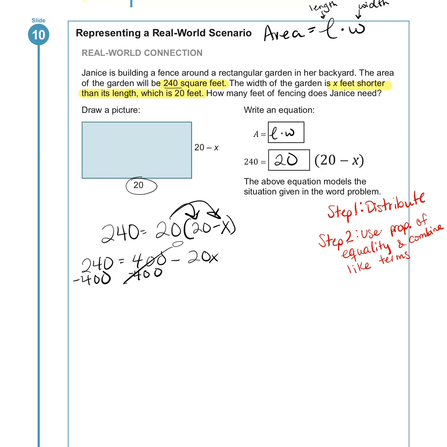That's going to give me negative 20x equals. Now I'm going to keep the sign of my larger number, and then I'm just going to do 400 minus 240. 0 minus 0 is just 0. I have to borrow here, it becomes 3, and this is now 10. 10 minus 4 is 6. 3 minus 2 is 1. So I have negative 160.